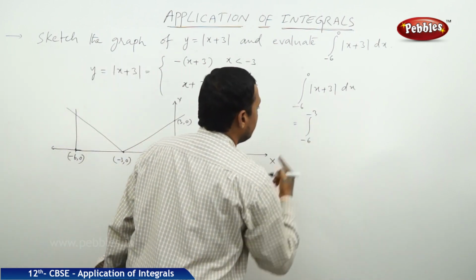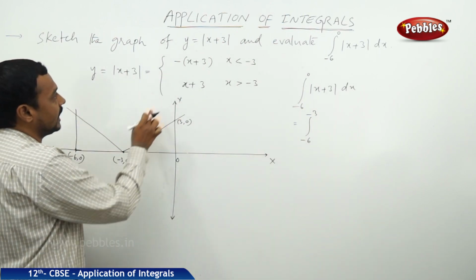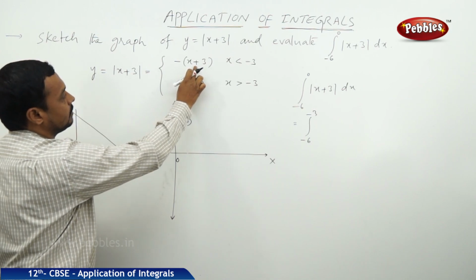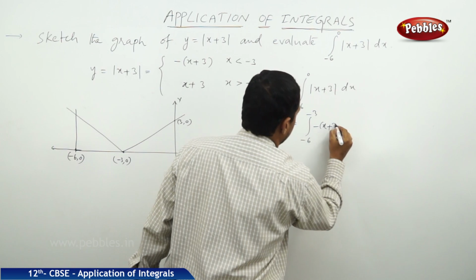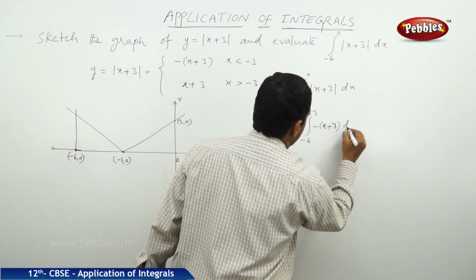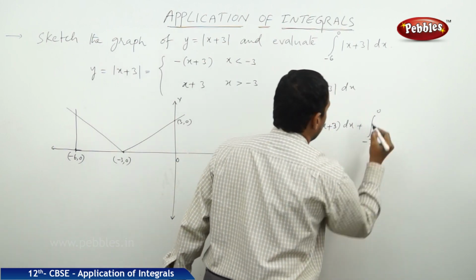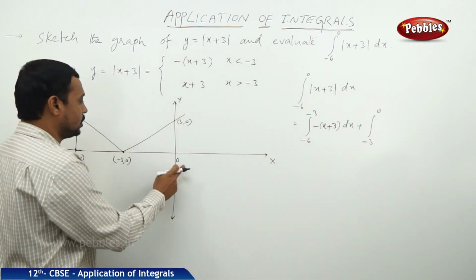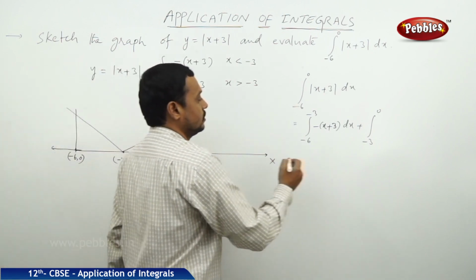But in between minus 6 to minus 3, it's a purely straight line like this. When x is less than minus 3, the straight line is minus of x plus 3 dx, plus, and from minus 3 to 0, the straight line is defined as y is equal to x plus 3.